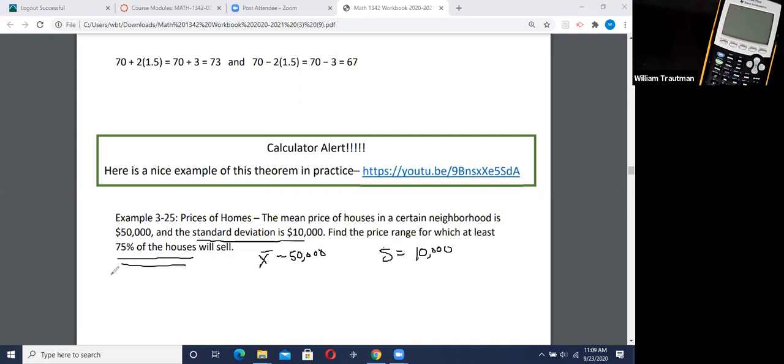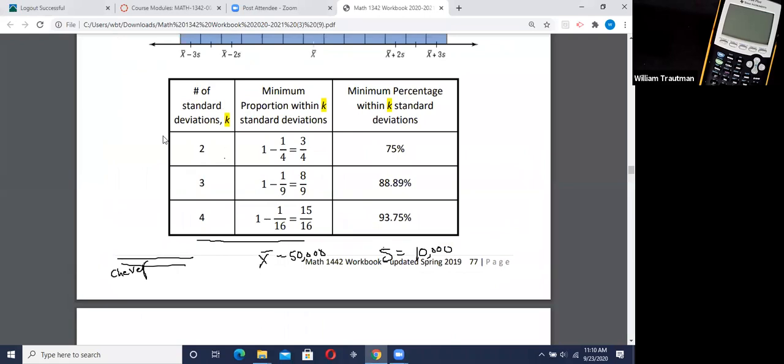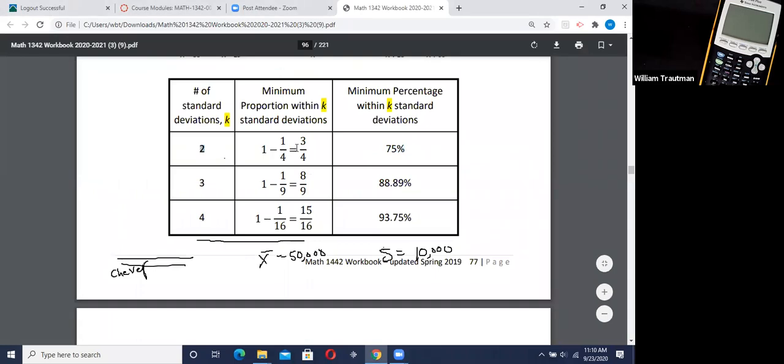So in Chebyshev's, and by the way, on the homework and the test, they'll say use Chebyshev's, or they'll say it's not symmetrical. So using Chebyshev's, 75%, go back up. You have to remember that up here, 75% was 2 standard deviations.